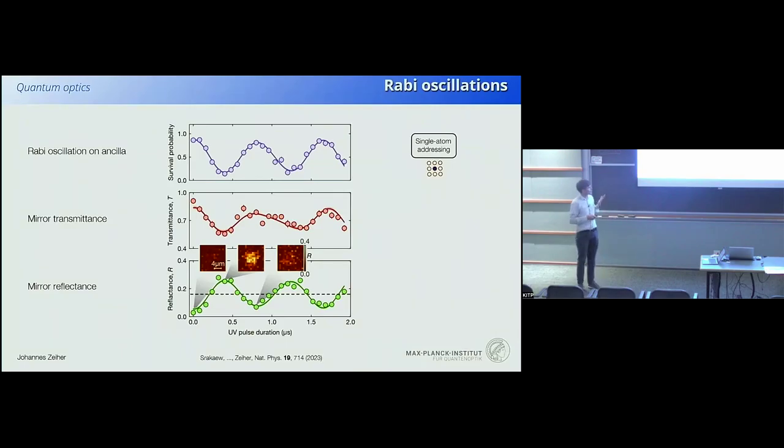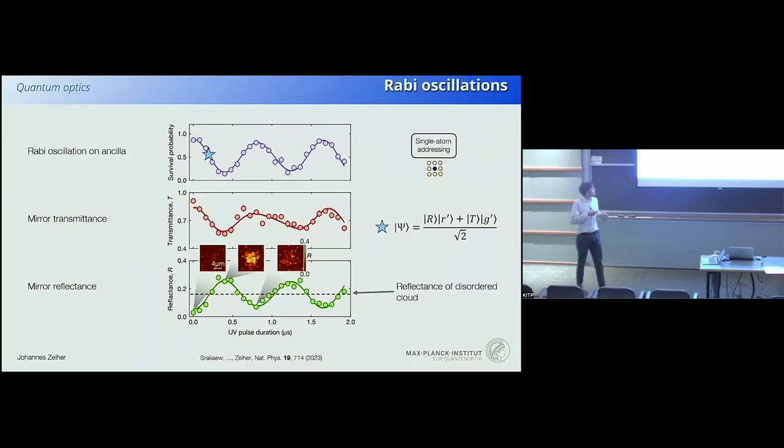And this is, of course, a nice proof that whatever you do on the ancilla is directly mirrored in the light. Again, here you see the reflectance, with the comparison with a disordered system that we do experimentally, and you can see that you still get this cooperative response if you excite the ancilla, so do a pi pulse on the ancilla. All right.